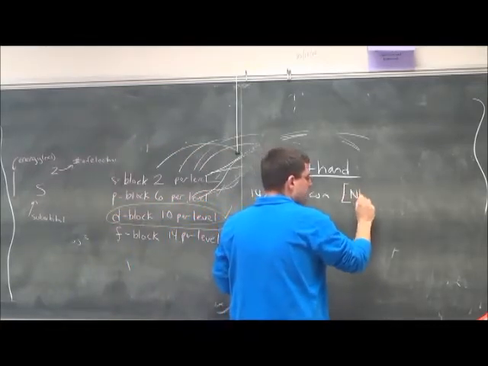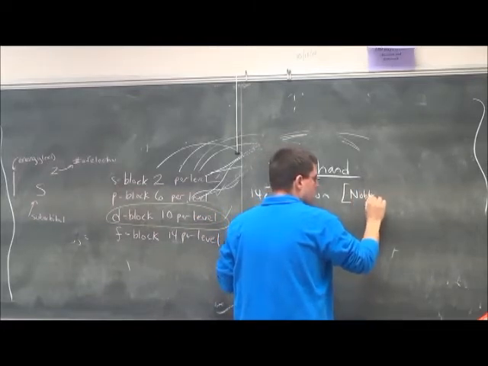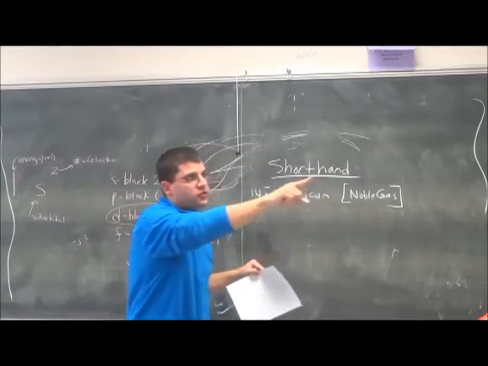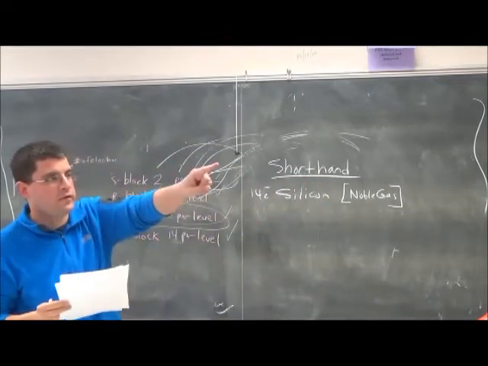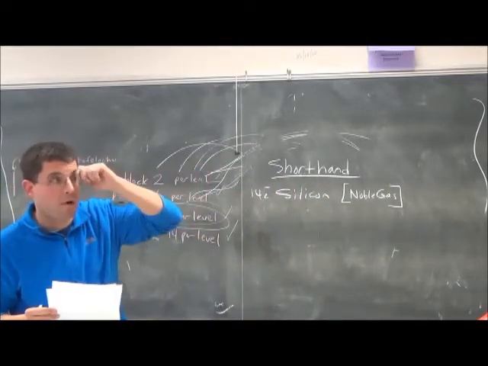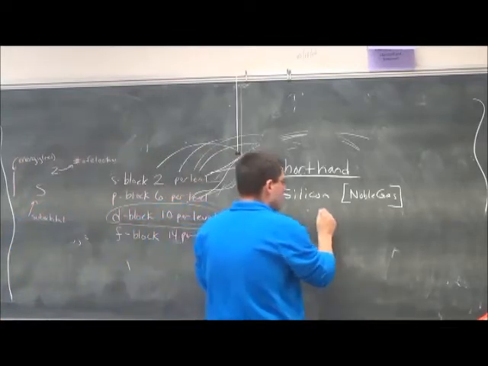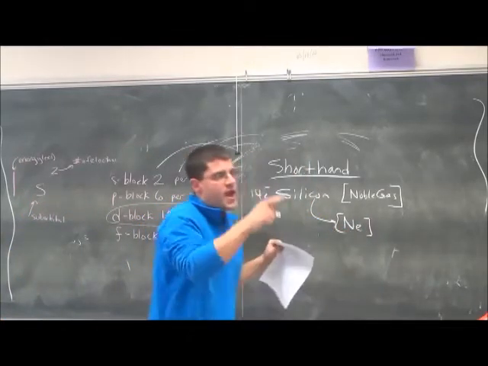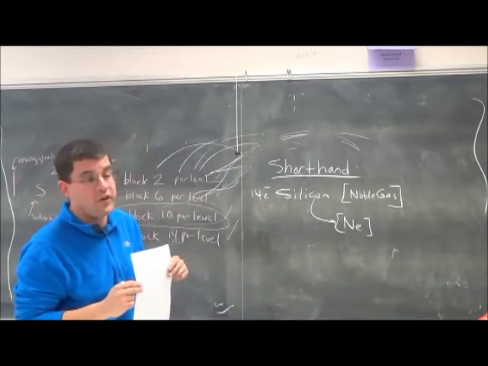Bracket the previous noble gas. And in this case, right above silicon, if you take a look, the previous noble gas is neon. So you would bracket neon, and that's the 2p6.